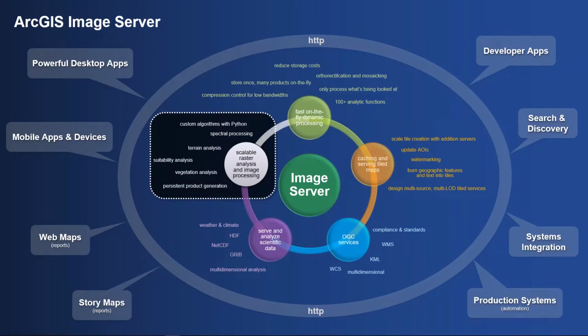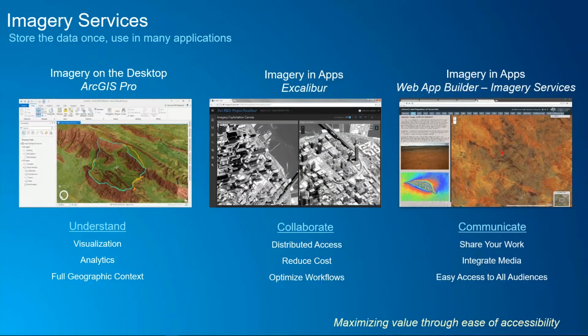And then that ties in, as we'll see in the next slide, once these services and raster analytics have been created, you can share them and utilize them throughout the ArcGIS platform. This is how all of the imagery content that you get in the Living Atlas is delivered to your apps.